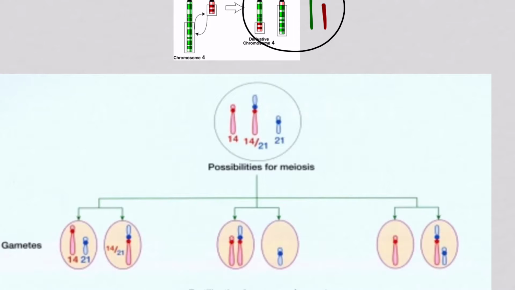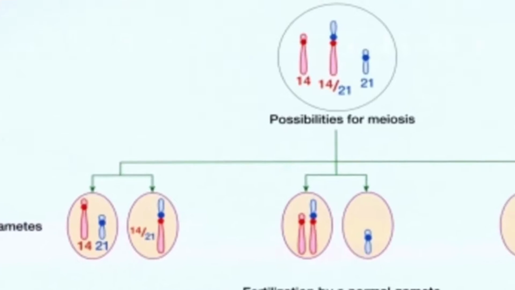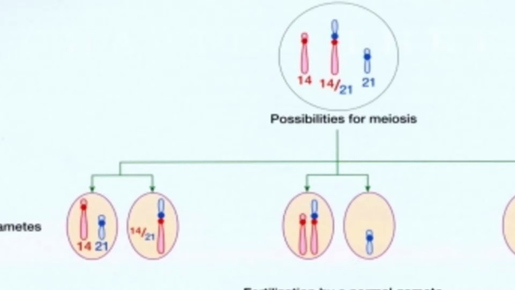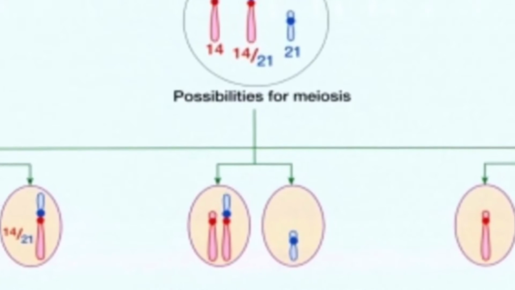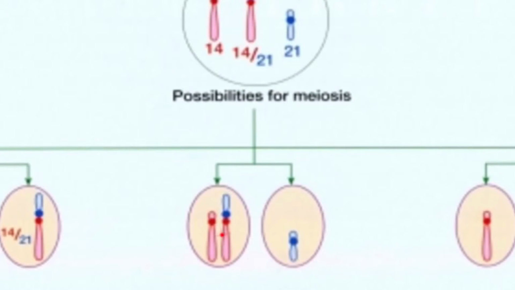So let's look at each of these individually. This gamete right here created is totally fine, right? It has a normal copy of chromosome 14 and a normal copy of chromosome 21. And this is also a balanced gamete. It has a copy of chromosome 14 and 21. So even though it looks funky, it has all the genetic information right here. Now, moving over here, now we have a gamete with 2 copies of chromosome 14. Bad.